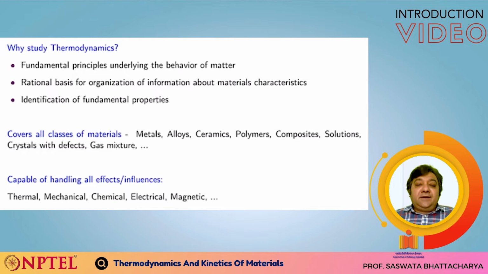You can also apply an electrical field to modify the thermodynamic properties. For example, in a ferroelectric material, you can apply an electric field to modify the equilibrium states of the material. Similarly, we can apply a magnetic field to control the equilibrium magnetic states in a material.